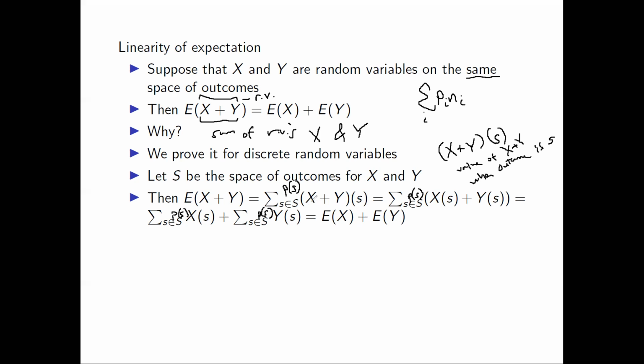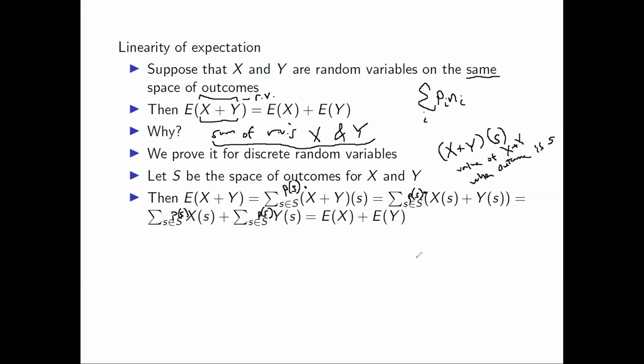And X plus Y of s, we can use the definition of that. That's just the sum of the random variables X and Y when the outcome is s. So that's just X of s plus Y of s. So we have a P of s times the X of s plus Y of s. And we have a sum with two terms in it.